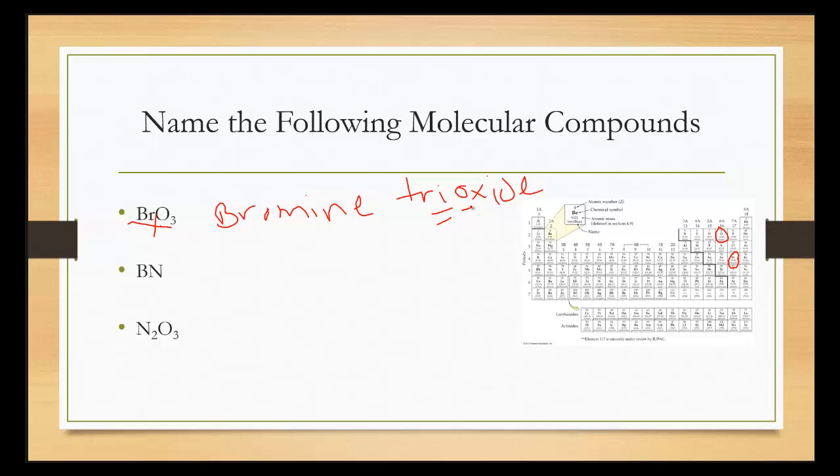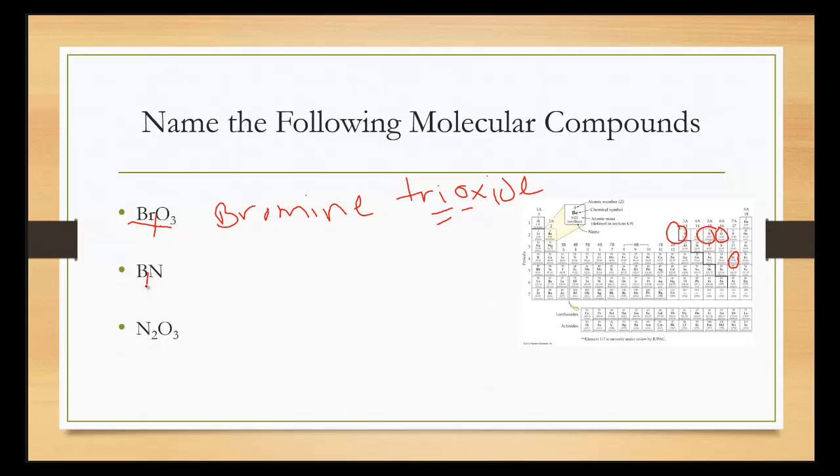The next one, boron and nitrogen. Once again, they're both nonmetals, so that means that we're going to use the prefixes. The first one is only 1. We do not use mono for the first element. We only use it for the second one.